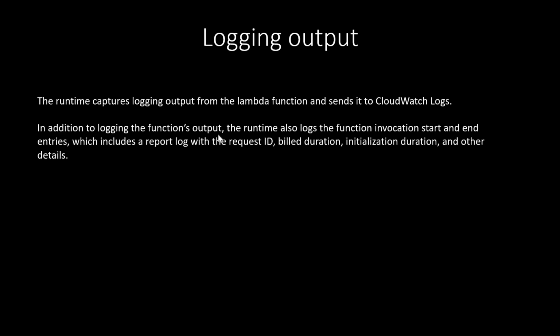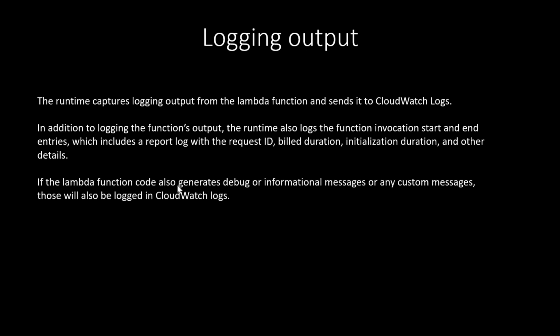In addition to logging the function's output, the runtime also logs the function invocation start and end entries, which includes a report log with the request ID, build duration, initialization duration, and other details. If the Lambda function code also generates debug or informational messages or any custom messages inside the Lambda code, those will also be logged in CloudWatch logs.